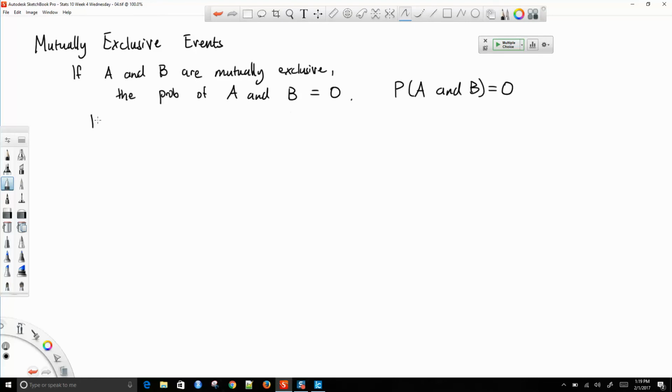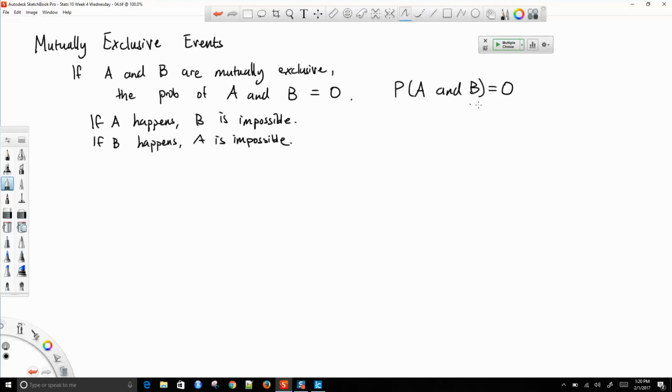Another way to think of it is if A happens, B is impossible, and vice versa. If B happens, A is impossible. Okay, or it is impossible for both to happen together.